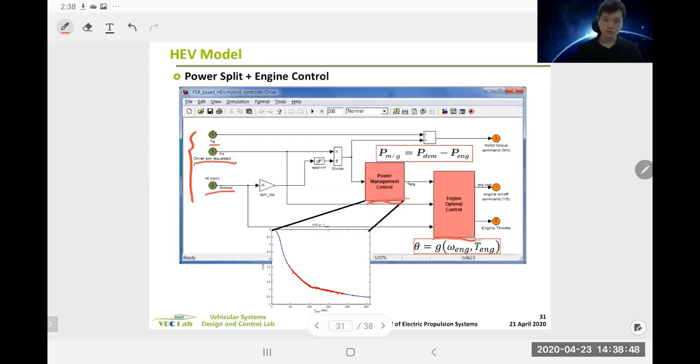And the output we are trying to determine here is motor torque and engine on-off command and engine throttle.